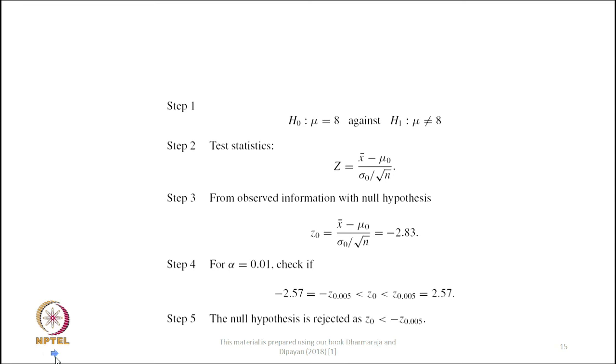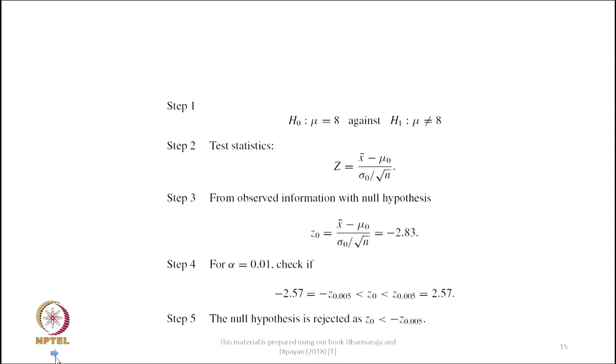So, the statement is always that the null hypothesis will be rejected if it is in the rejection region. Rejection or acceptance is always with respect to the null hypothesis, so we should not confuse this. The null hypothesis will be rejected if the step 3 value lies within the critical region.